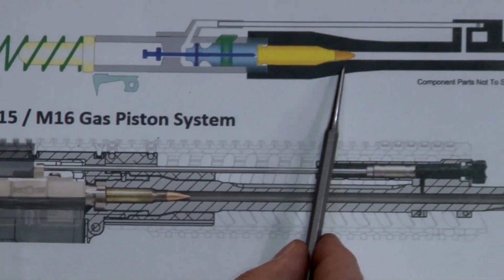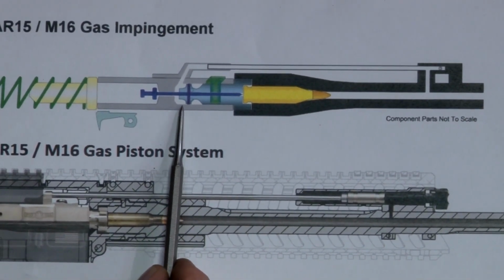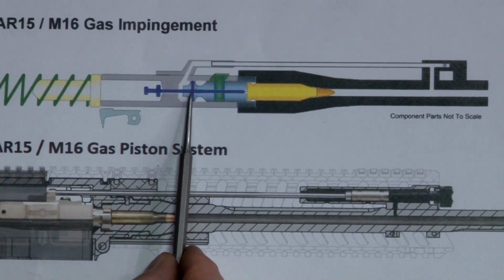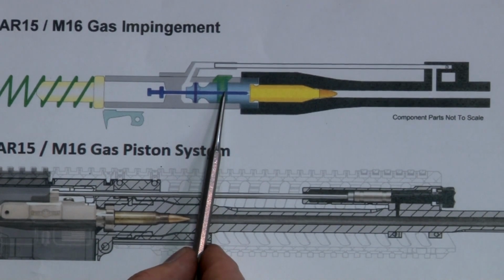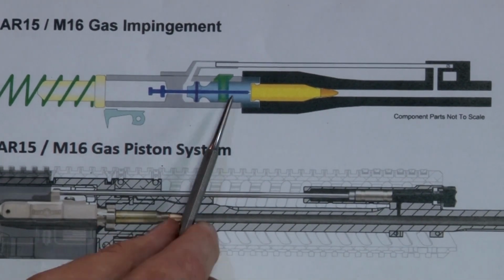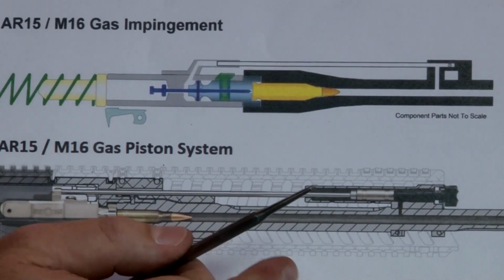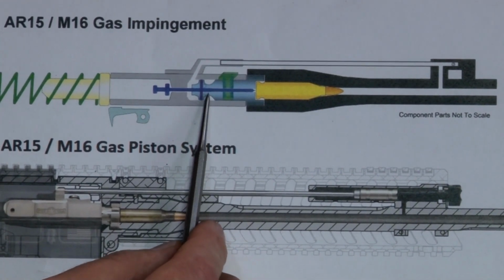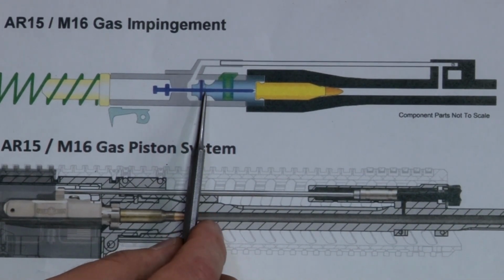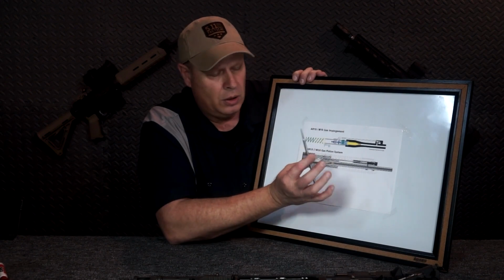In the gas piston system, when the bolt carrier has started to go back, it starts camming the bolt due to this green cam right here, turns it slightly and allows it to unlock. Right about that point, there are two holes in the side of the bolt carrier, and I'll show those to you in just a second, where the excess gas then starts escaping.